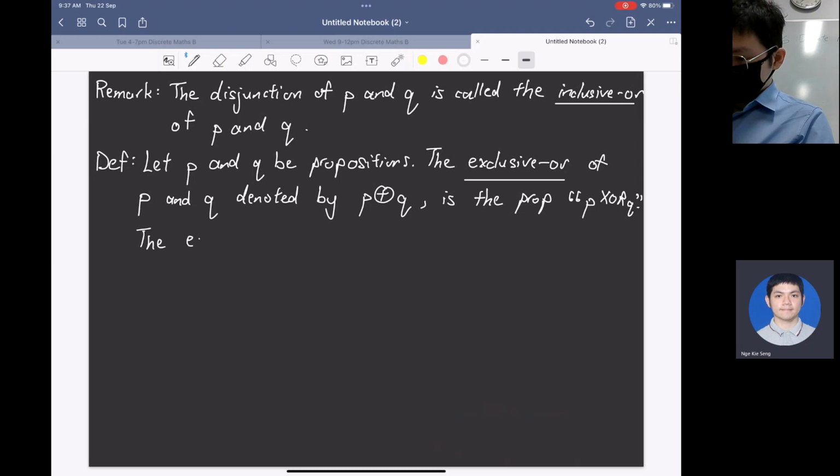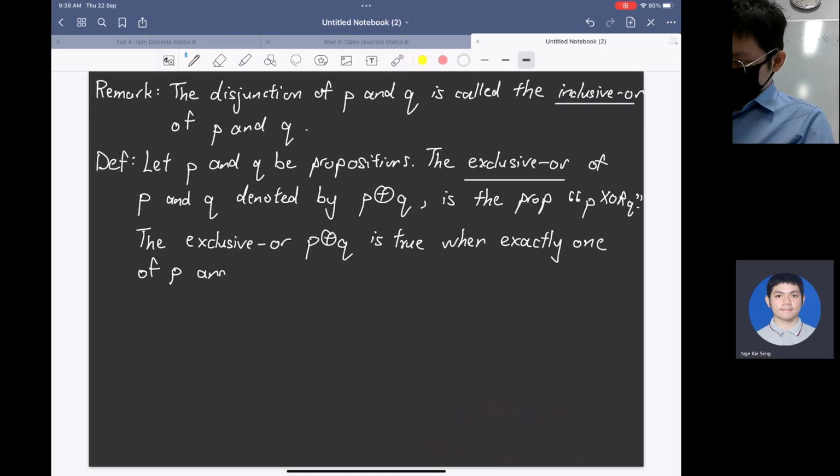When is this exclusive or true? It is true when exactly one of them is true. You can only have one true, and false otherwise.